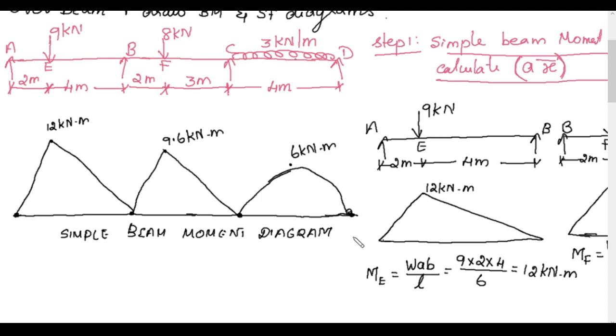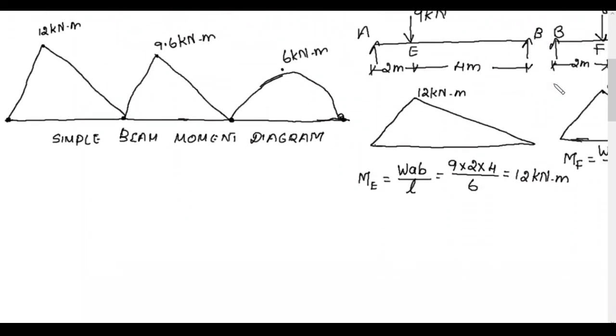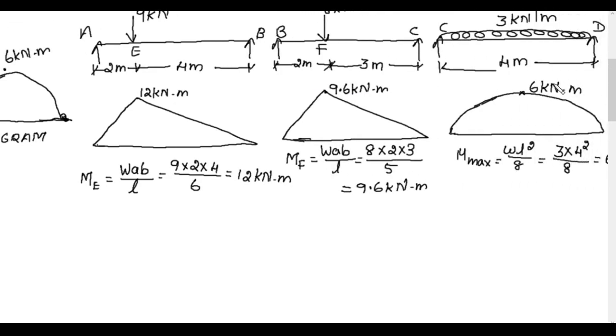Now the second step. Step 2 is we have to calculate the area and the distance of centroid of the simple beam moment diagram. While calculating the area, this is a triangle.